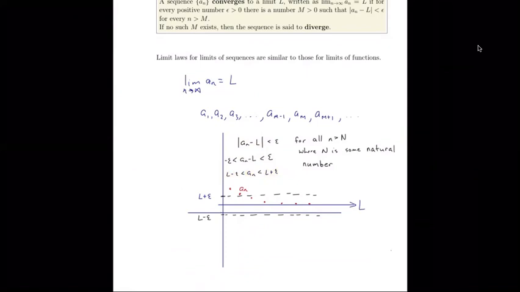A sub n is a sequence, these red dots here, and if it in fact has a limit L, then L plus epsilon is a little distance above L, and L minus epsilon is a little distance below it. Here's L itself.